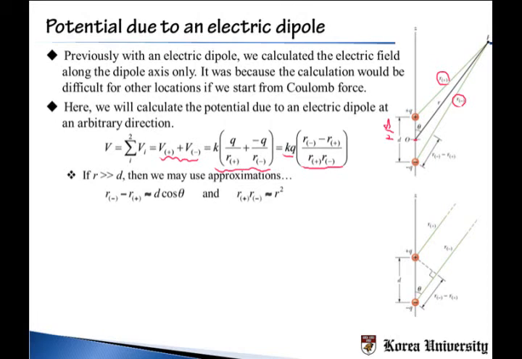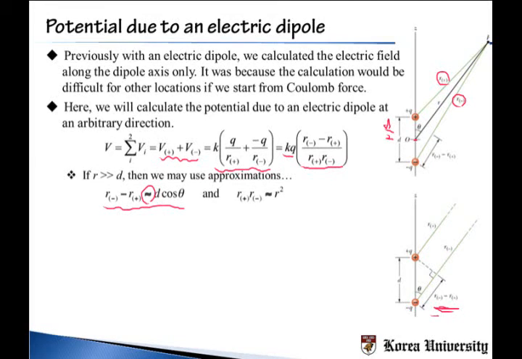Then the difference can simply be calculated as d multiplied by cosine theta, right?